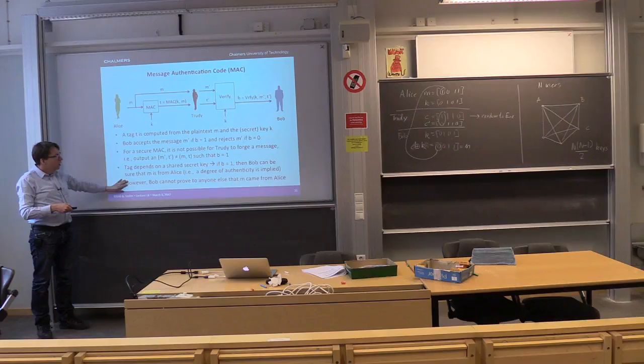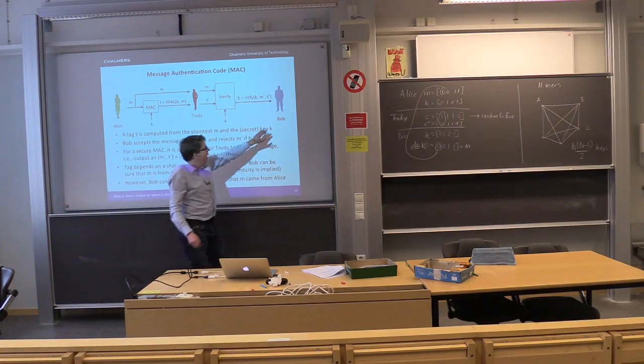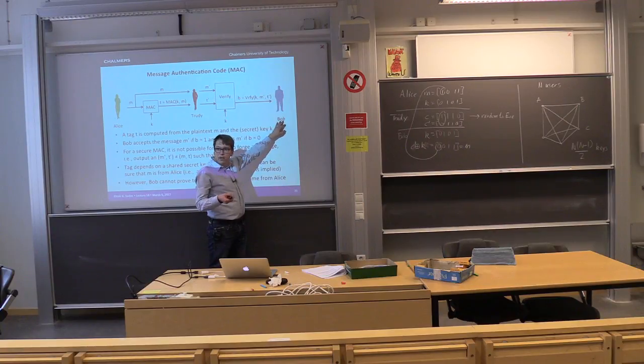However, Bob cannot prove to anybody else that M came from Alice, and that's something that sometimes we want to do. We'll see a scheme later where Bob can go to somebody else and say, I got this from Alice, it's actually from Alice, and I can prove it.